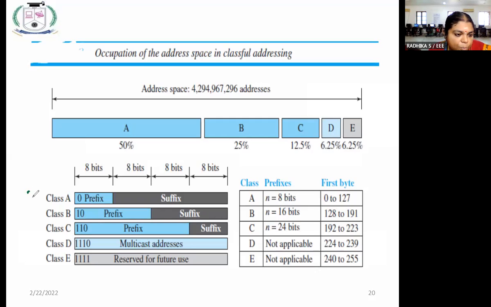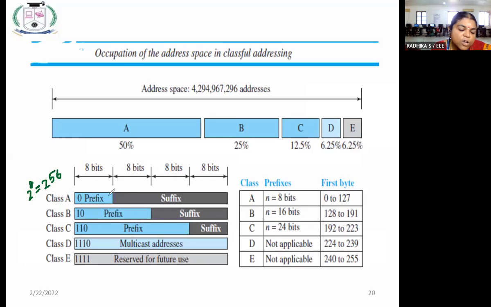It has 2 power 8 combinations. What is the value of 2 power 8? 256. Which means at most, around the world, if class A is used, only 256 organizations can make use of it.